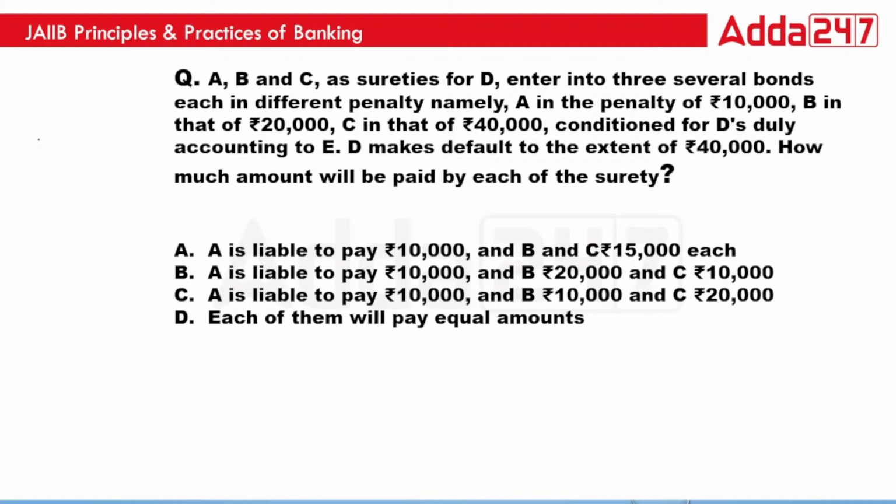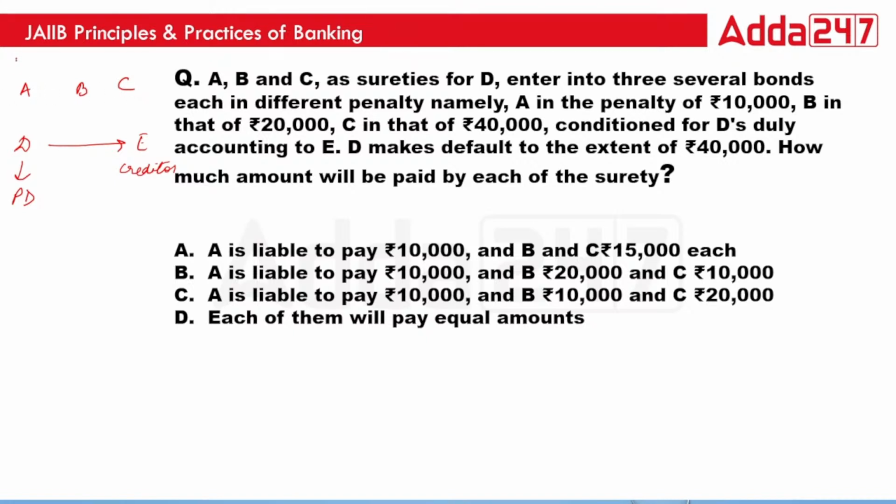So here the thing is, D is the principal debtor, E is the creditor. I'm writing PD for principal debtor. There are three sureties, A, B and C. They all have given guarantee for this loan.